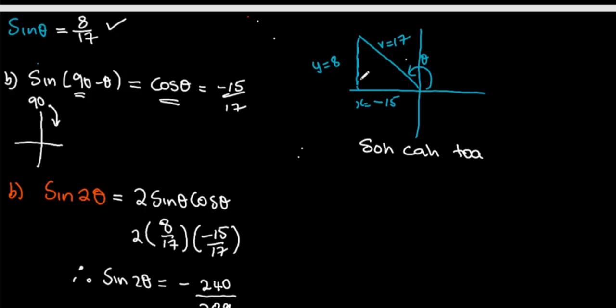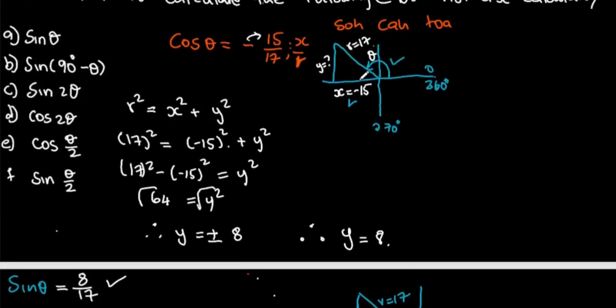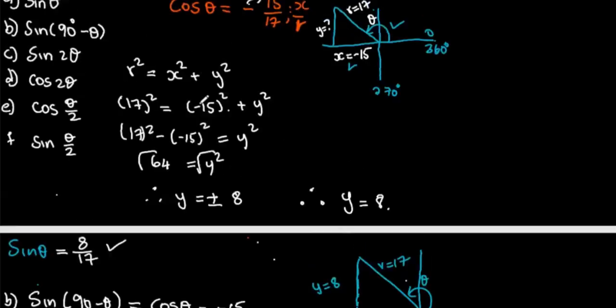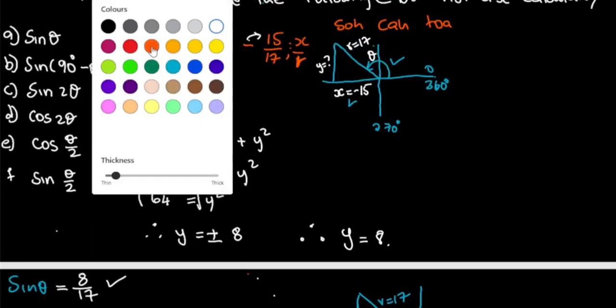Let's look at what we have on question D. They want you to find the cos of 2 theta. We need to find the cos 2 theta. So what is cos 2 theta equal to? Let's write it down there, the cos of 2 theta.